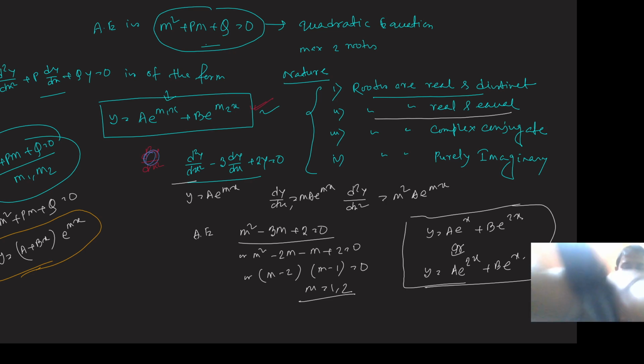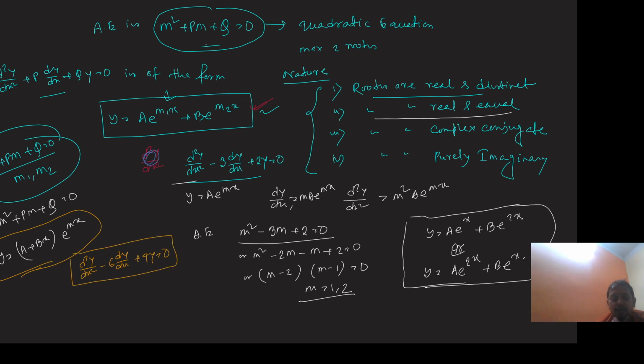That means here, if we consider the equation d²y/dx² minus 6 dy/dx plus 9y is equal to 0. So here, this part will be the same. Now if we put all those, the auxiliary equation will be m squared minus 6m plus 9 is equal to 0.